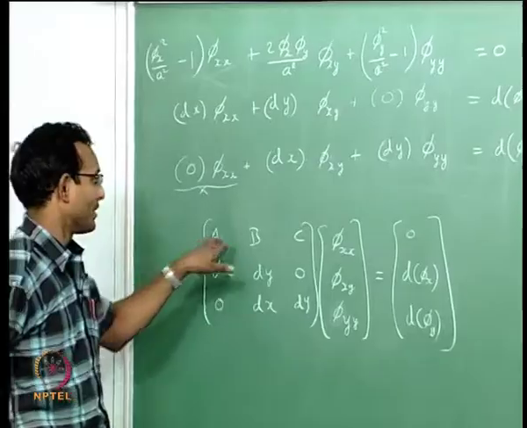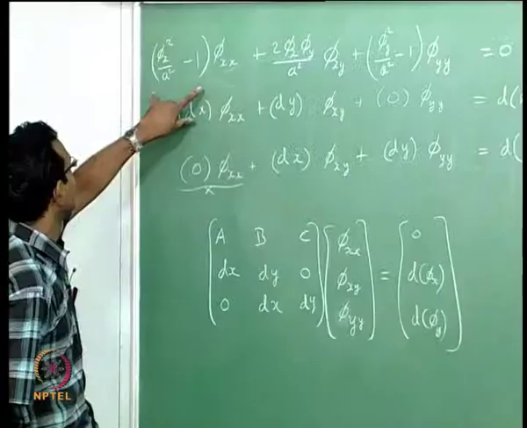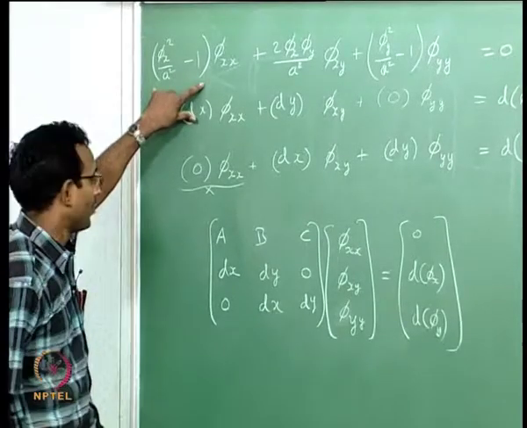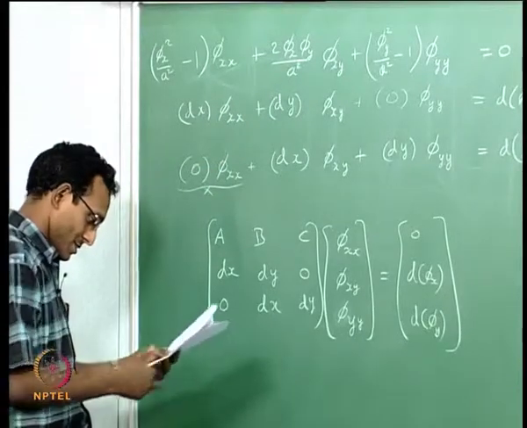This is what it is. If I multiply this with this, I will get to that form. That is what you have. Okay, where a corresponds to this coefficient here, and b corresponds to that coefficient, c corresponds to that coefficient. Just remember that.